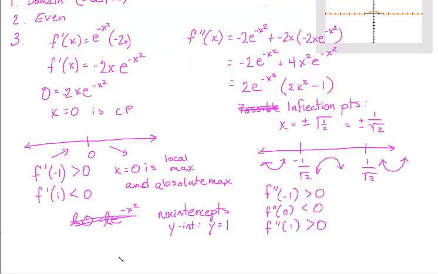Let's do the horizontal asymptotes: limit as x goes to infinity of e to the minus x squared. As x gets larger and larger, this gets closer and closer to, with this e to the x squared, this thing gets closer to infinity, and then that just gets closer and closer to 0.